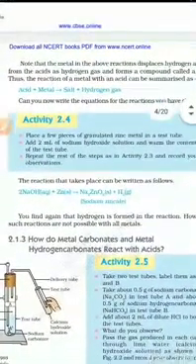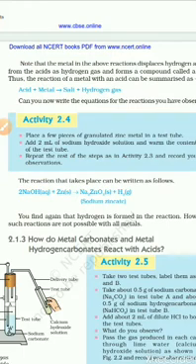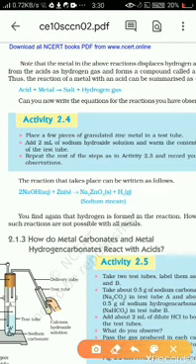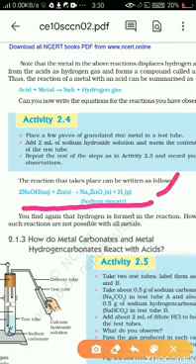We take base and add zinc granules. After some time, we see that zincate is formed and hydrogen gas is evolved. So we find that hydrogen gas is formed in this reaction also.